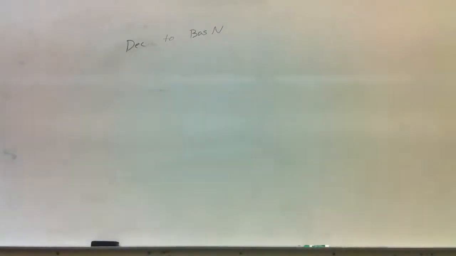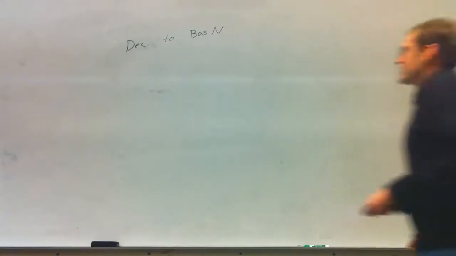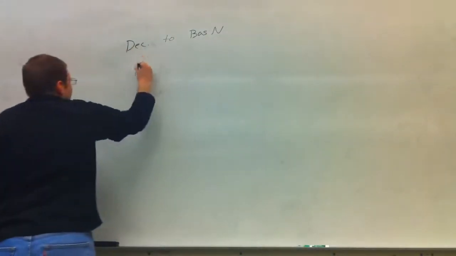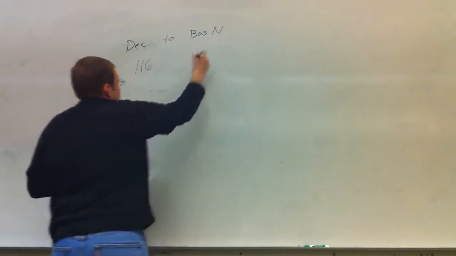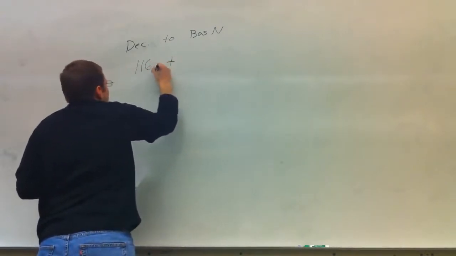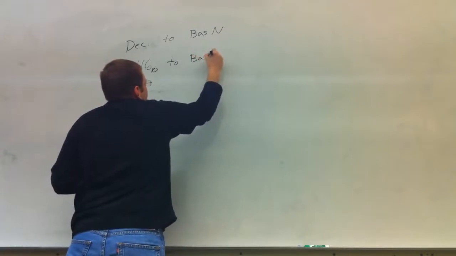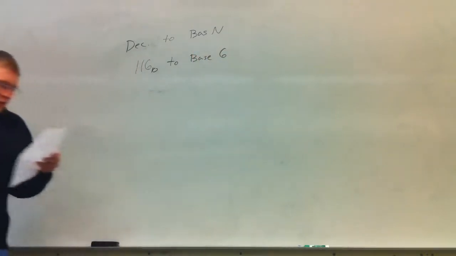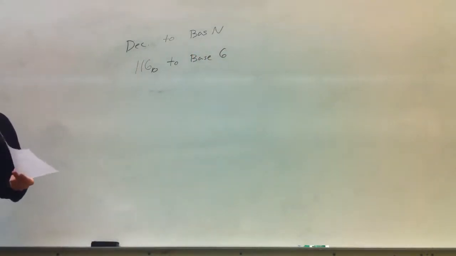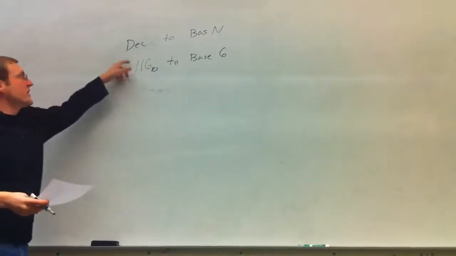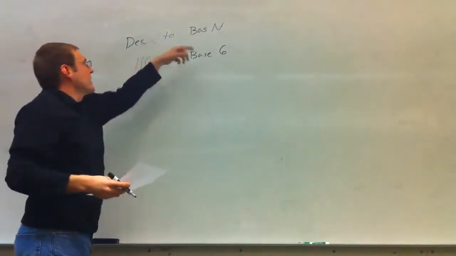So I'll show you my example. Let's say we take the number 116, and we want to go to base 6. We do the exact same thing we did converting decimal to binary, decimal to hex.